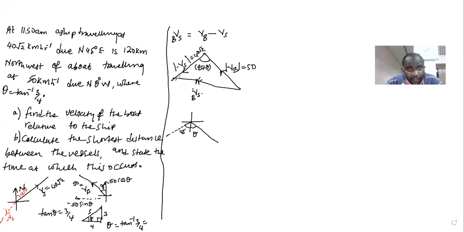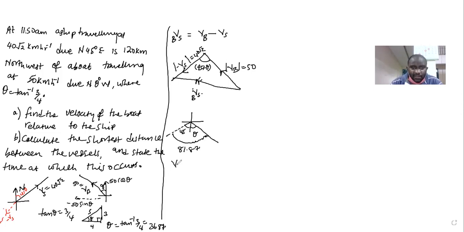Tan inverse of 3/4 you get 36.869. So when you add these two, 36.87 plus 45, you get 81.87.